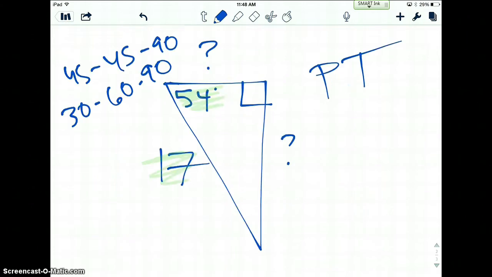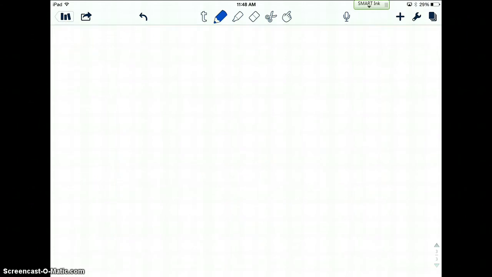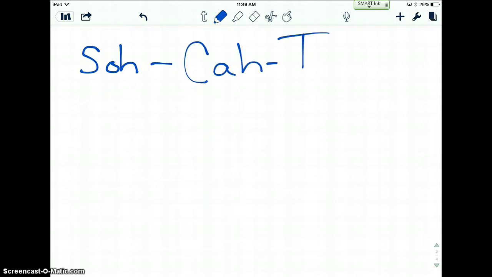So these trigonometric ratios you'll need to know off the top of your head. And this saying that maybe you've heard before, and it needs to be spelled correctly, SOH CAH TOA, is going to help you remember these ratios. So you have the sine, so this stands for the sine function.